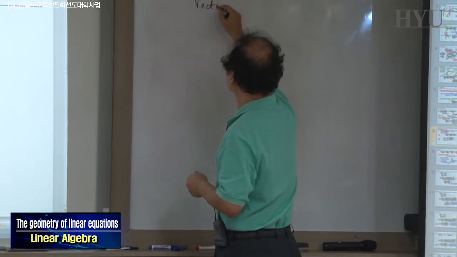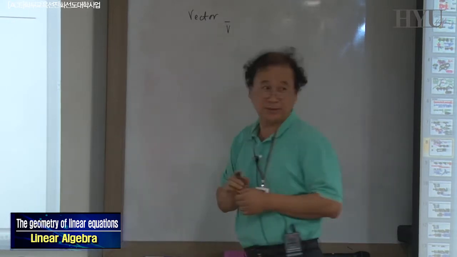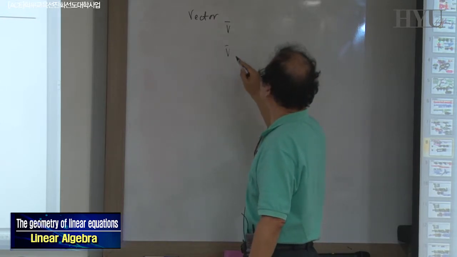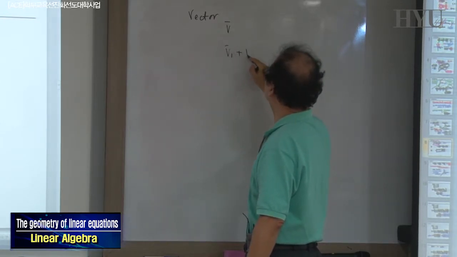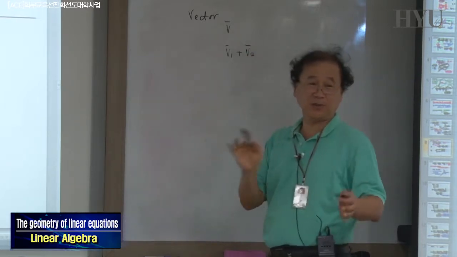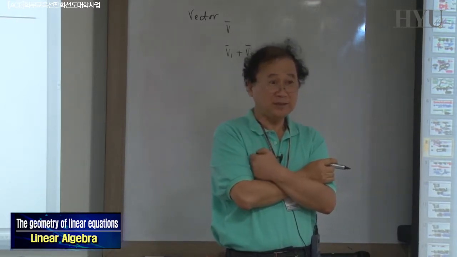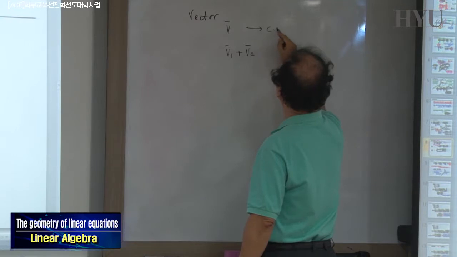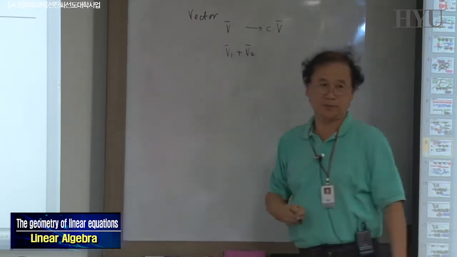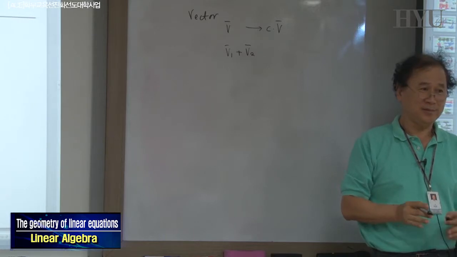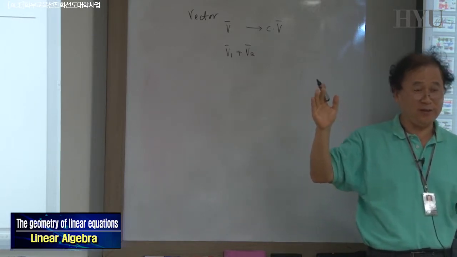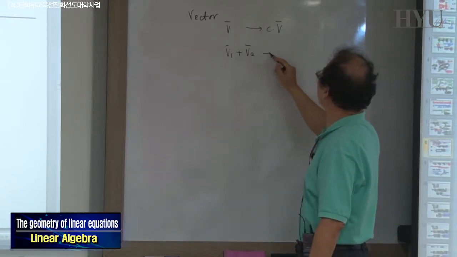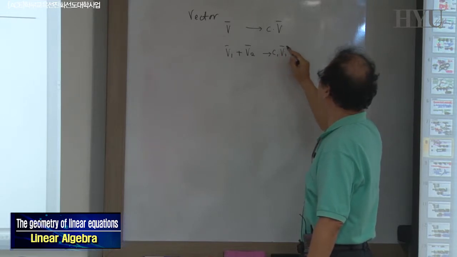So a vector V, right? We have some operations. When you have V, we know how to add V1 plus V2, right? Everybody knows how to add them. Also, with V, you know how to multiply with a scalar, right? If c is 2, then it's twice, and minus 1 is the other direction, right? Based on that, now I know how to do this.